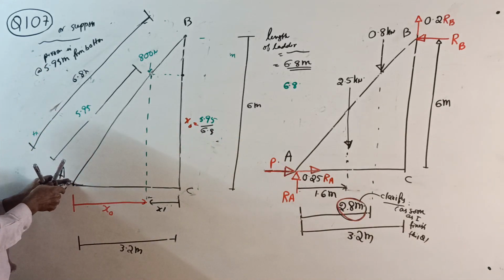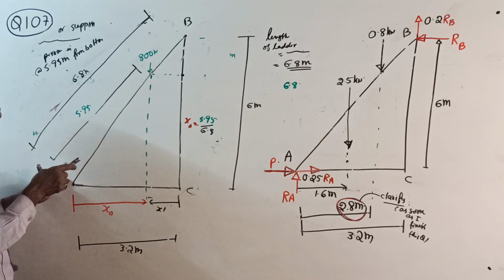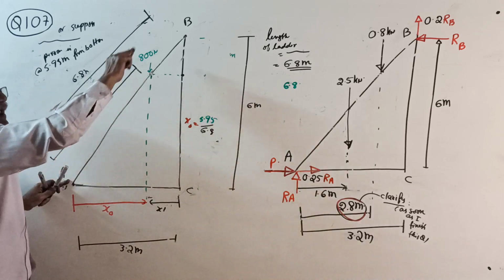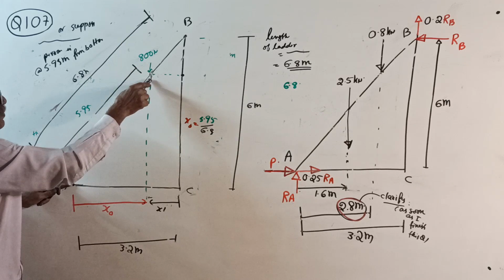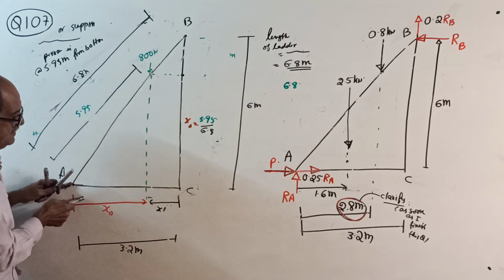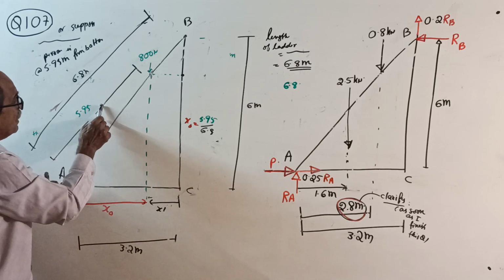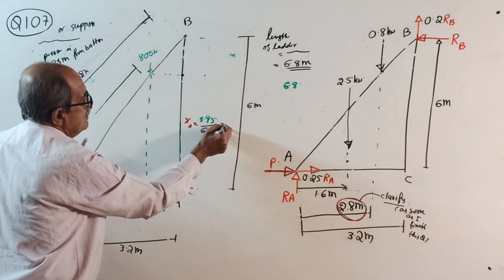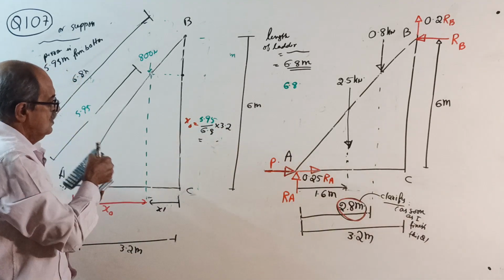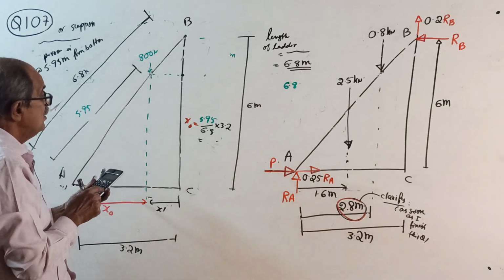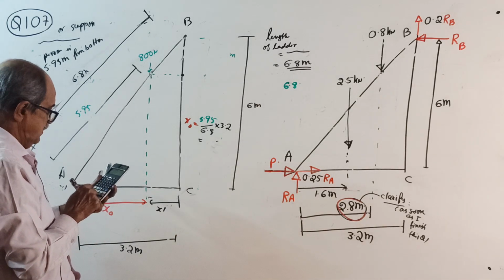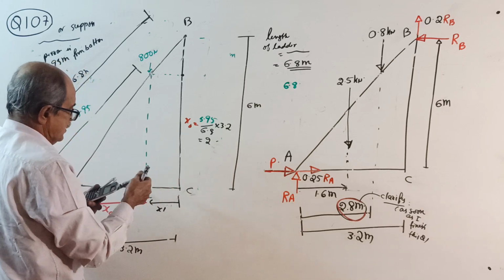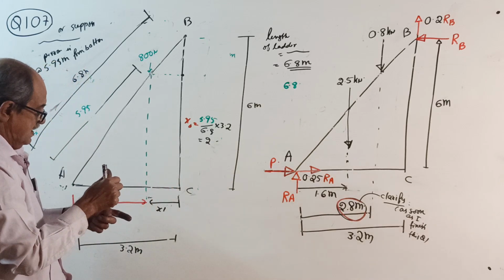The proportionality constant is 5.95 by 6.8 along the ladder, so project here, and you will directly get the same proportion with respect to 3.2. So multiply by 3.2. 5.95 divided by 6.8 into 3.2 is 2.8 meter, the red color value. What you require, we got 2.8 meter.